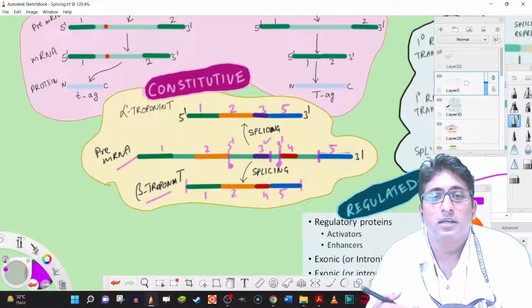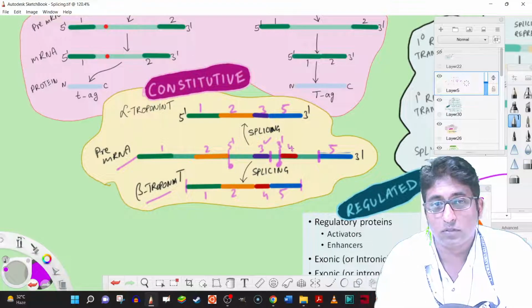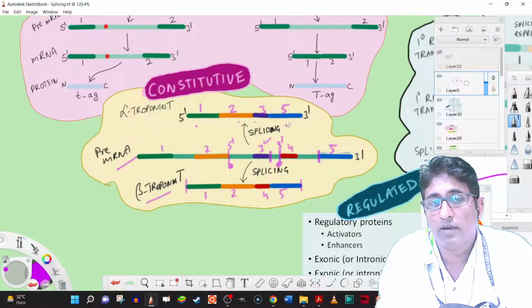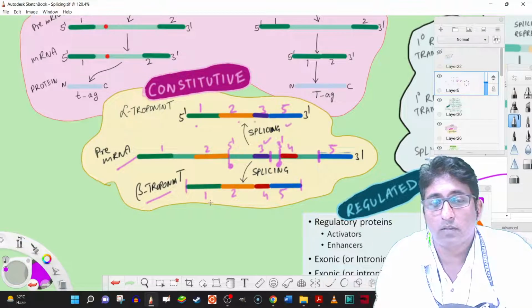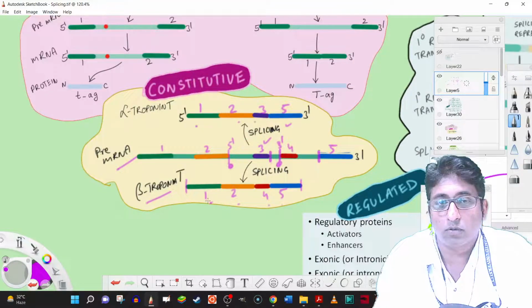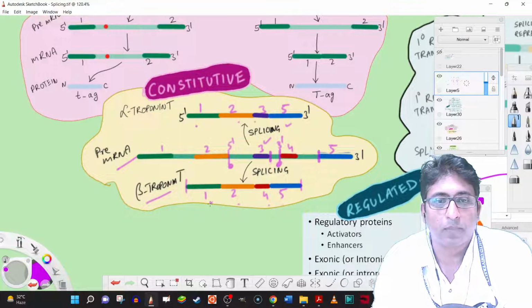So this is kind of mutually exclusive also. Either it will produce an mRNA with exon 1, 2, 3, and 5, or it will produce 1, 2, 4, and 5. So it is unlikely that you will see an mRNA having both 3 and 4 in the same mRNA.